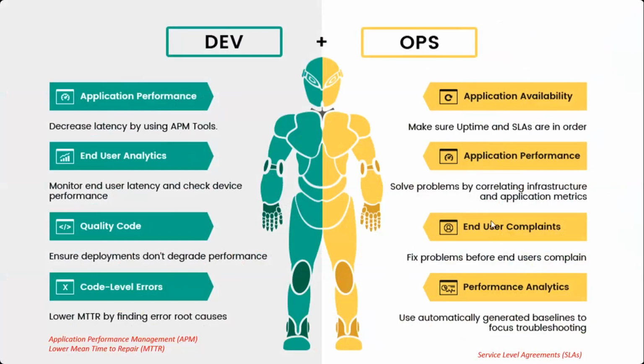For end user complaints, fix the problem before the end user complains. You don't want to receive a complaint after the system has been deployed. So this is to identify and resolve issues to improve user satisfaction and prevent complaints.